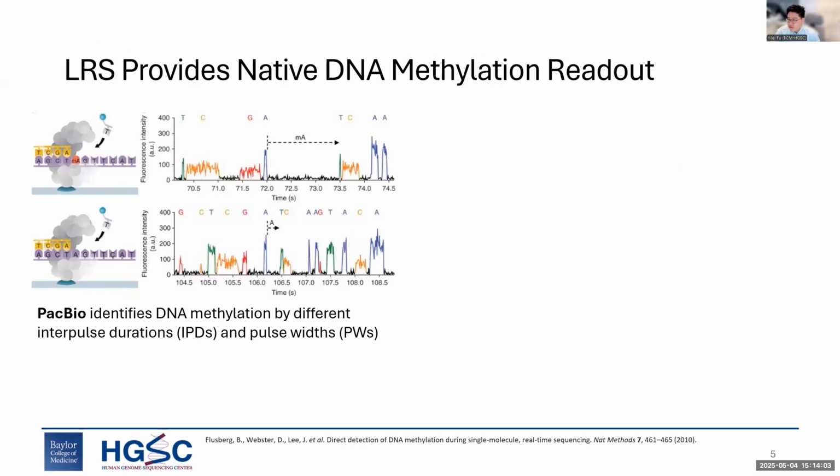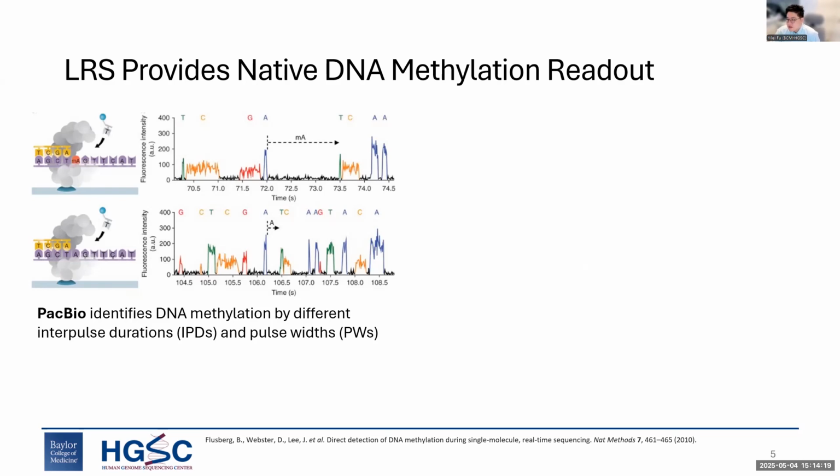There are two platforms that we are currently using for long-read sequencing. PacBio and Oxford Nanopore Technologies can both provide native DNA methylation readout. They take similar approaches, which use deep learning methods to profile the different signal behavior between modified bases and canonical bases.